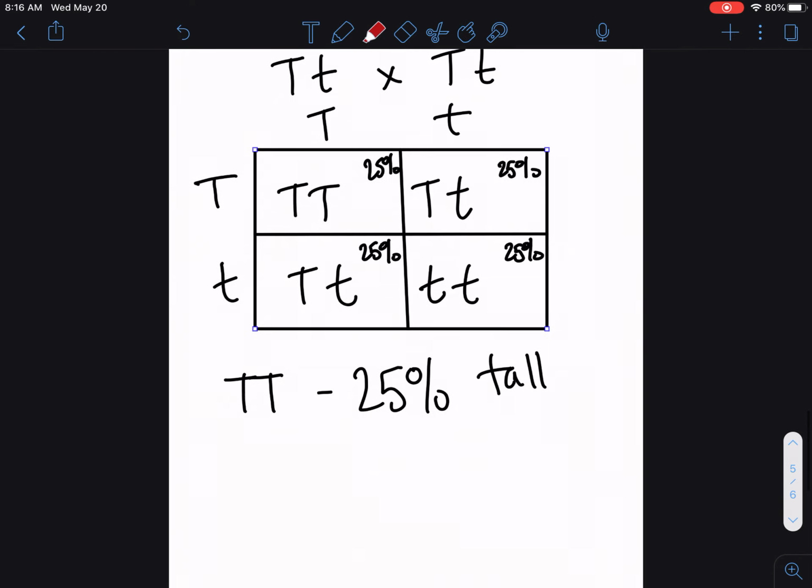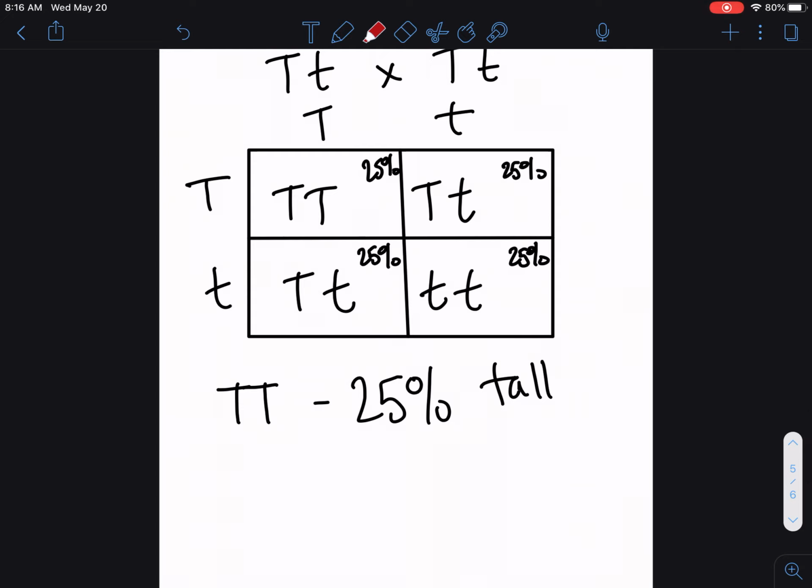So we have big T, little t, that's 50%. And that's also tall because anytime you have a dominant allele, that's going to trump everything. So that plant is going to be tall.